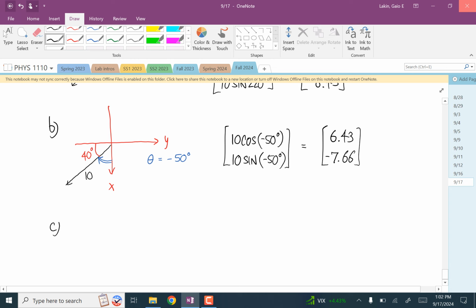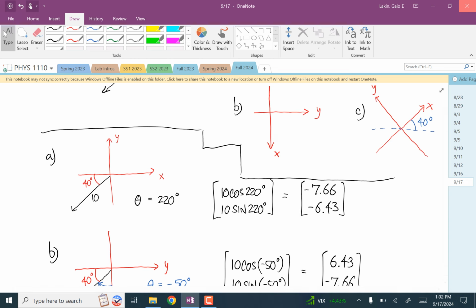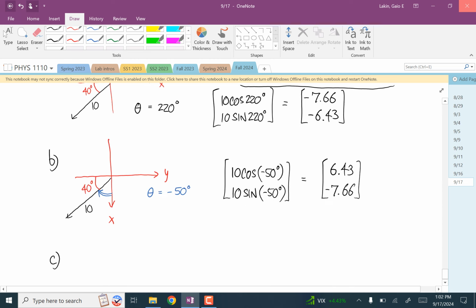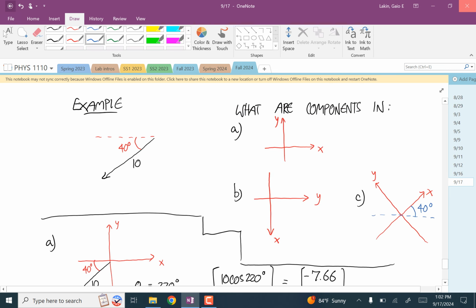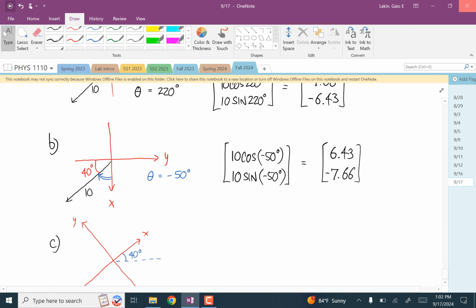Okay, the last one. So now this is the one where the coordinate system is at this funny angle, right? So the coordinate system looks something like this. And this makes an angle of 40 degrees with the horizontal. And now our vector makes an angle of 40 degrees with the horizontal going the other way.